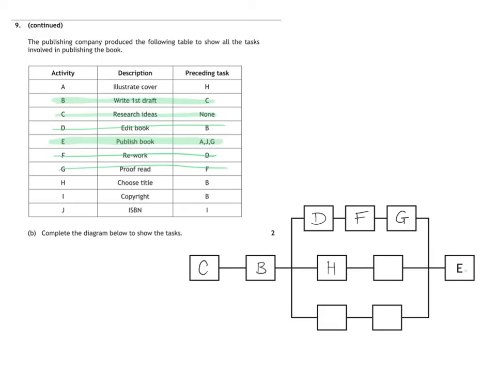So that means that A has to go after H. And the last 2, so we've got H done, and I've got A done. It doesn't really matter too much. And then in the bottom we've got our copyright and our ISBN.